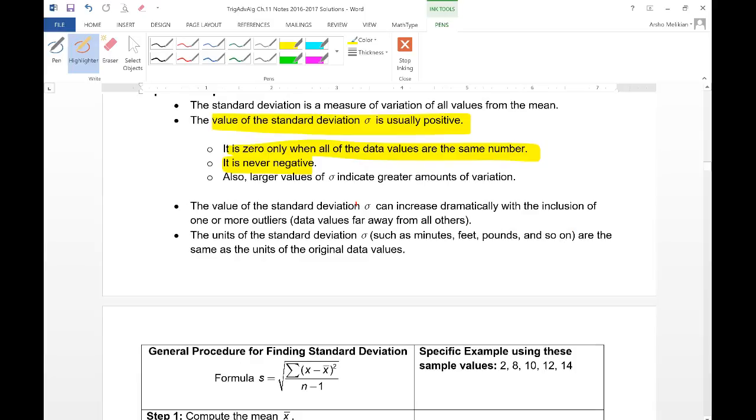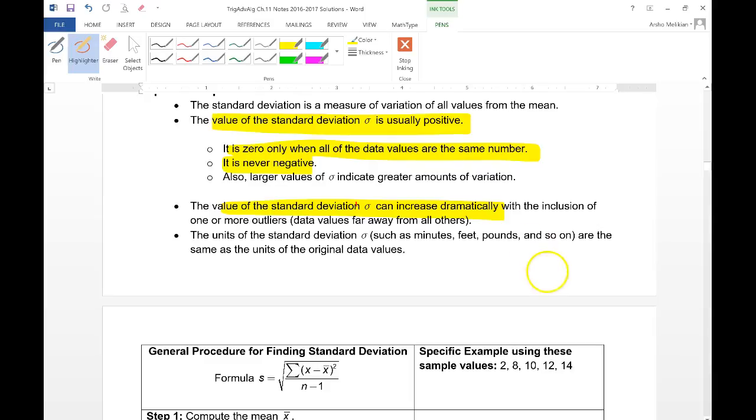When you have outliers, this outlier thing is huge. When you have outliers, the value of the standard deviation can increase dramatically, because as you add the outliers, your values are going to differ more and more from the average.